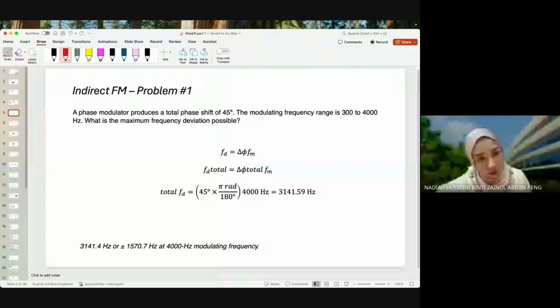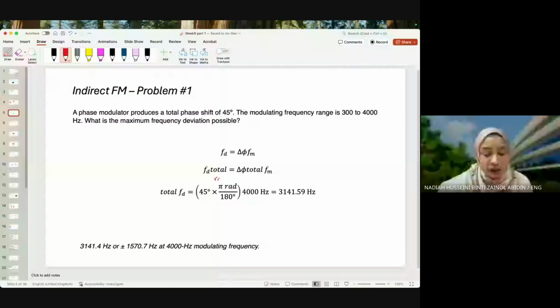If this is just FD, then it becomes delta phi. If this is total, it becomes delta phi total. So 45 degrees times pi radians over 180 degrees will give me something in radians.